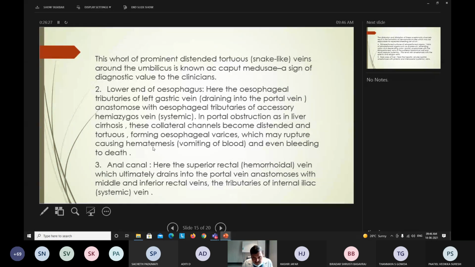In portal obstruction, as in liver cirrhosis, these collateral channels become distended and tortuous. Again in the lower end of the esophagus, the veins anastomose.